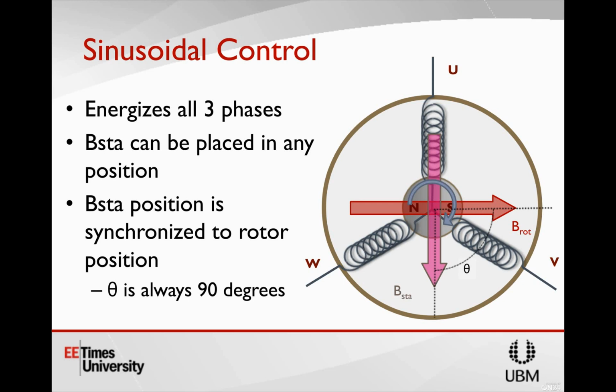This technique works pretty well, and it's fairly common, but one problem is that you often need quite a bit of current applied to your motor in order to get it rotating. That's going to depend on how much inertia there is in your system.